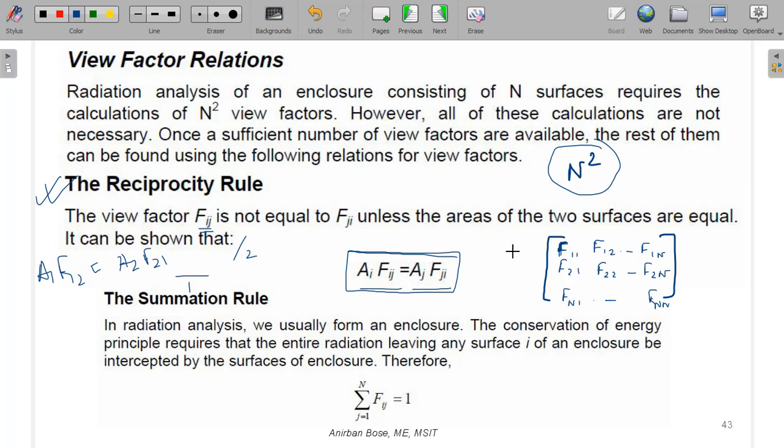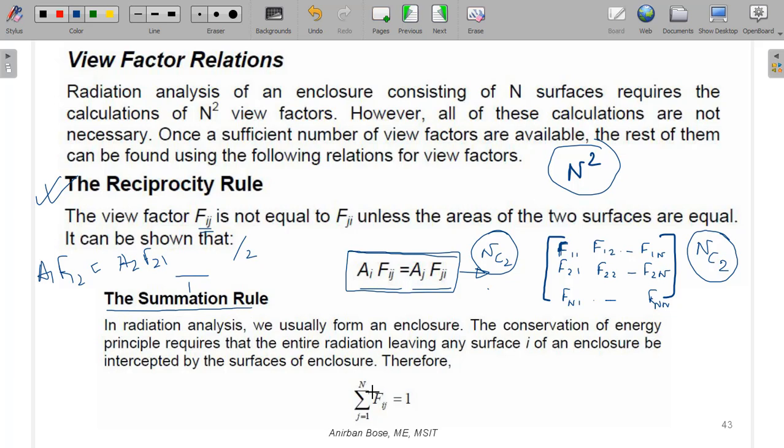For any two surfaces you will get one such reciprocity relation. So how many ways can you select two particular surfaces? nC2 ways. So there are nC2 reciprocity rules. These are constraints already there, so all these n square view factors are not independent.